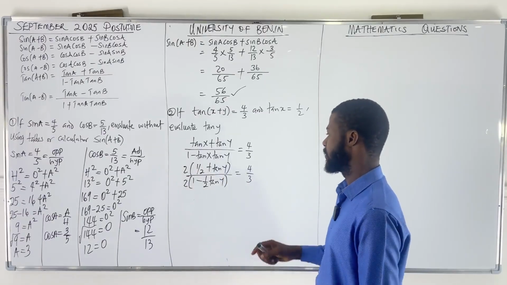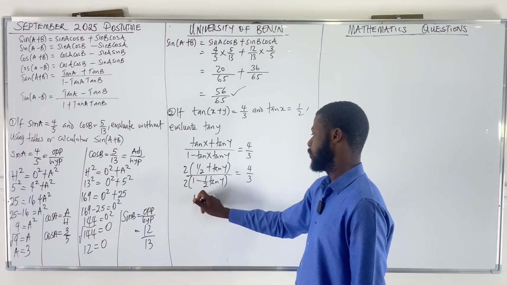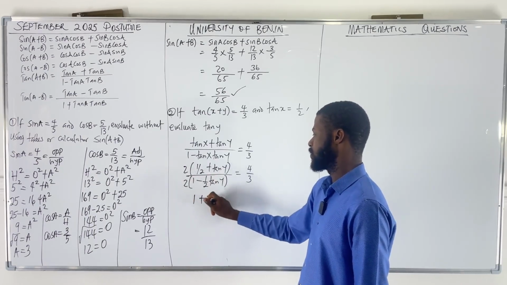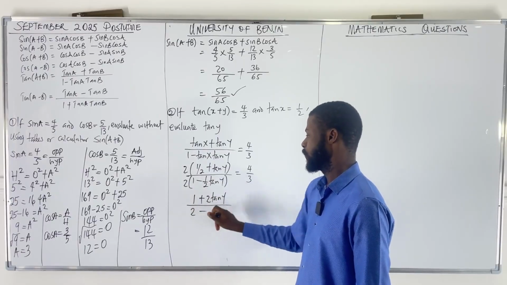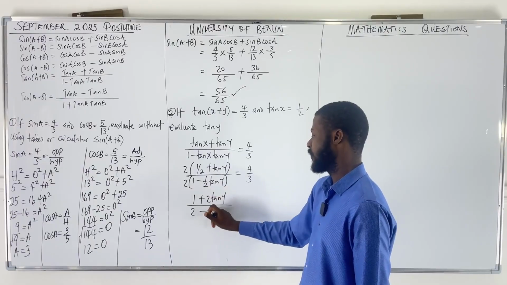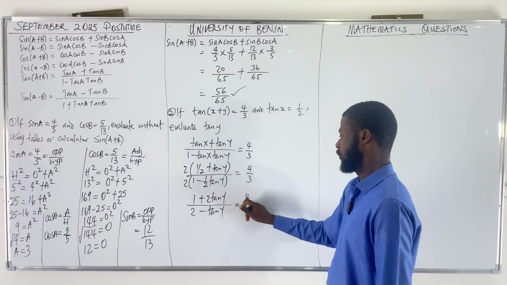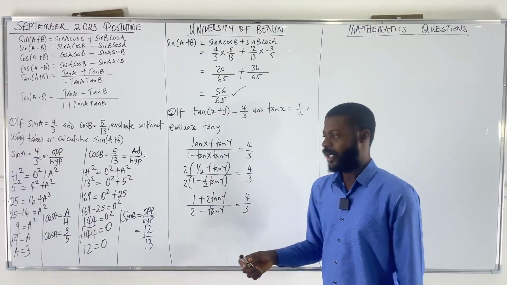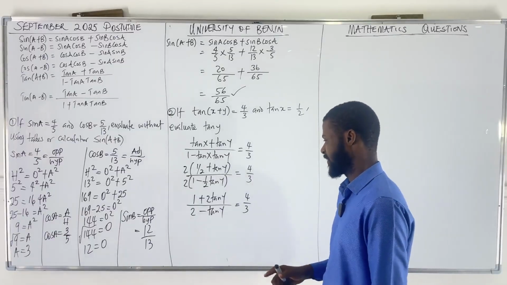So 2 times half is 1, plus 2 times tan y gives 2 tan y, divided by 2 times 1 is 2, minus 2 times half tan y gives tan y. So as you can see, the fraction is gone, then equal to 4 over 3.